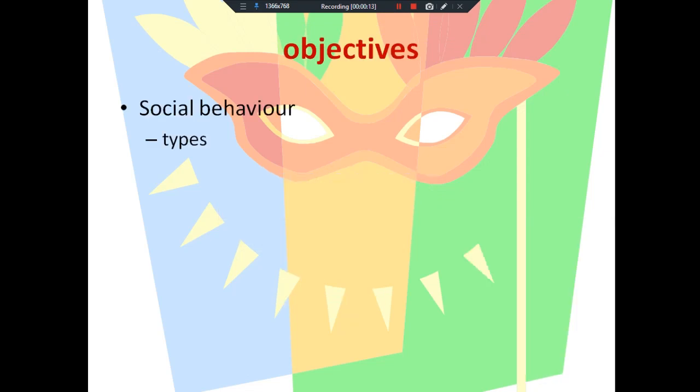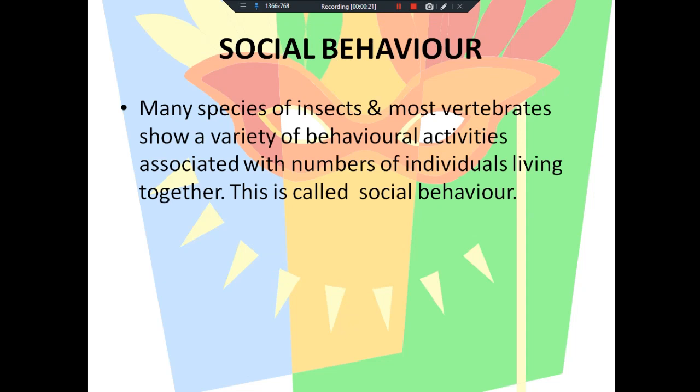The objectives of today's lesson are to study social behavior and its various types. Social behavior consists of a set of interactions among individuals of the same species. A wide range of sociality occurs among animals.